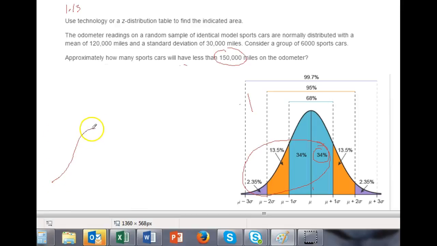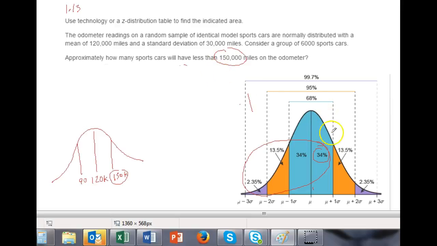If we do our normal distribution, the mean is 120,000. One standard deviation above, because the standard deviation is 30,000, would be 150,000. One below would be 90,000. And looky there, 150,000 is what we're being asked about.